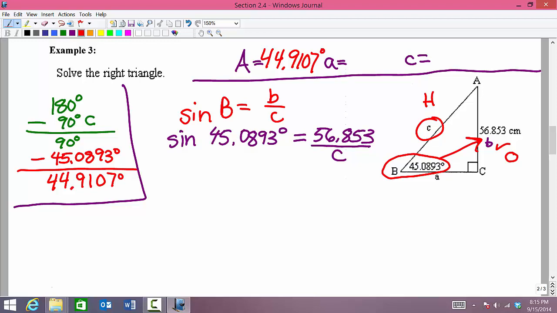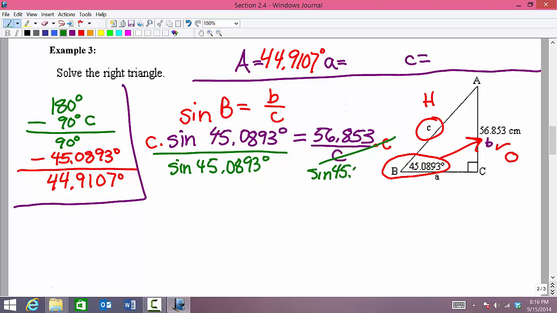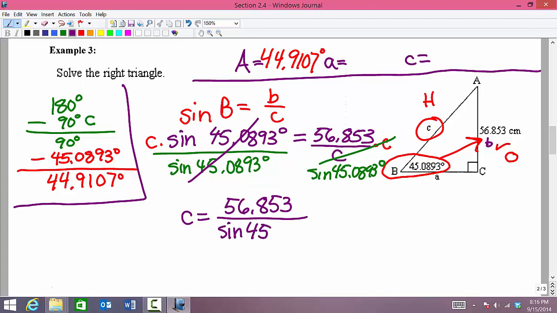Okay, now we can solve for C. We can multiply both sides by C, and then once we multiply both sides by C, we can divide both sides by sine to get C by itself. So now what we have is C is equal to 56.853 divided by sine 45.0893 degrees.